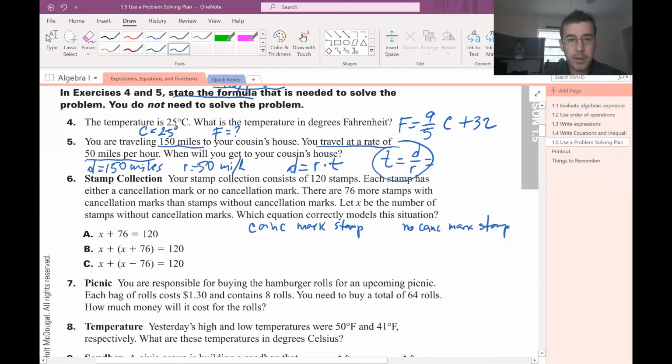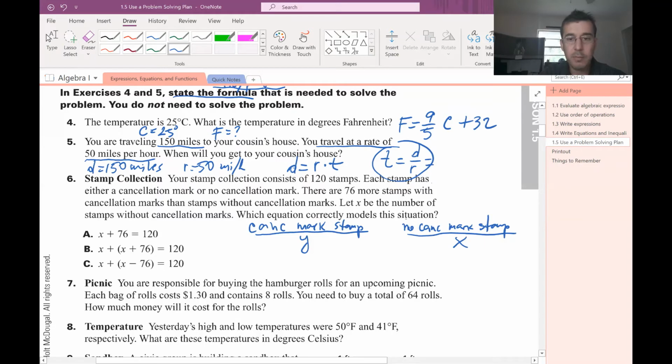There are 76 more stamps with cancellation marks than stamps without cancellation marks. Let X be the number of stamps without cancellation marks. So this is X, and for the stamps with cancellation marks, let's say it's Y, okay?